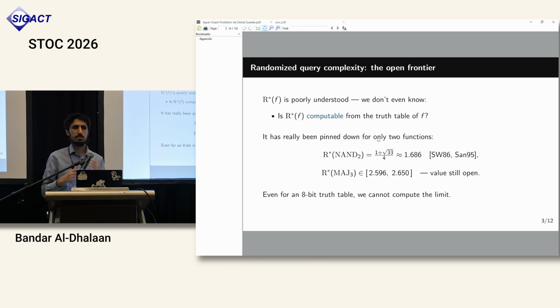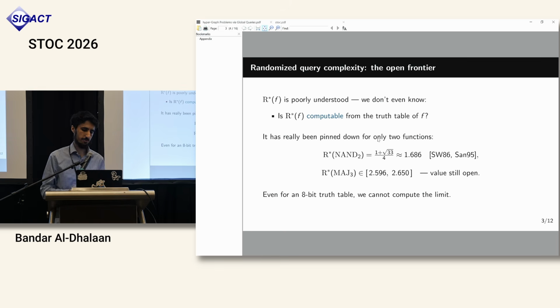Now, we've pinned it down on two notable functions. Sachs and Wigderson pinned it down on the NAND tree, and you get this value, which is about 1.686 for R star of NAND. And the 3-majority function, very famous, we've not been able to compute it, but we've been able to pin down a range for it.